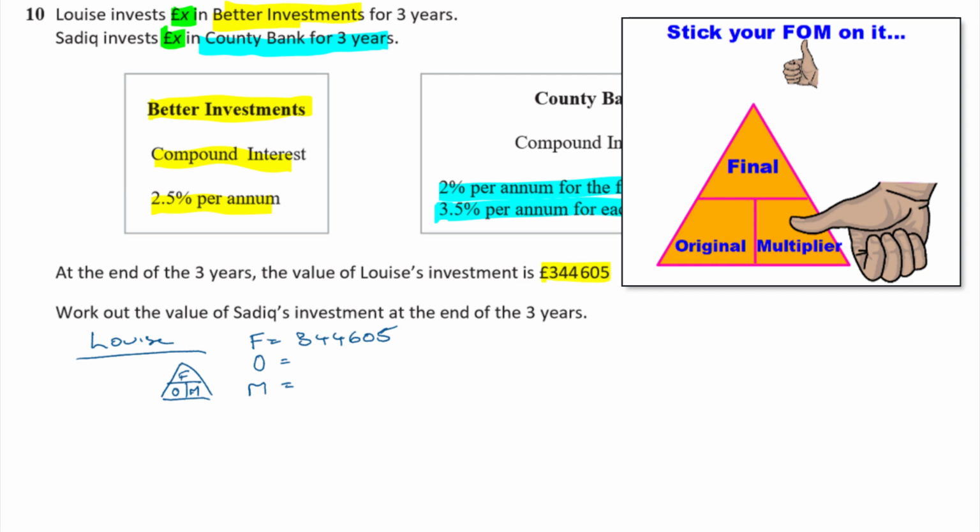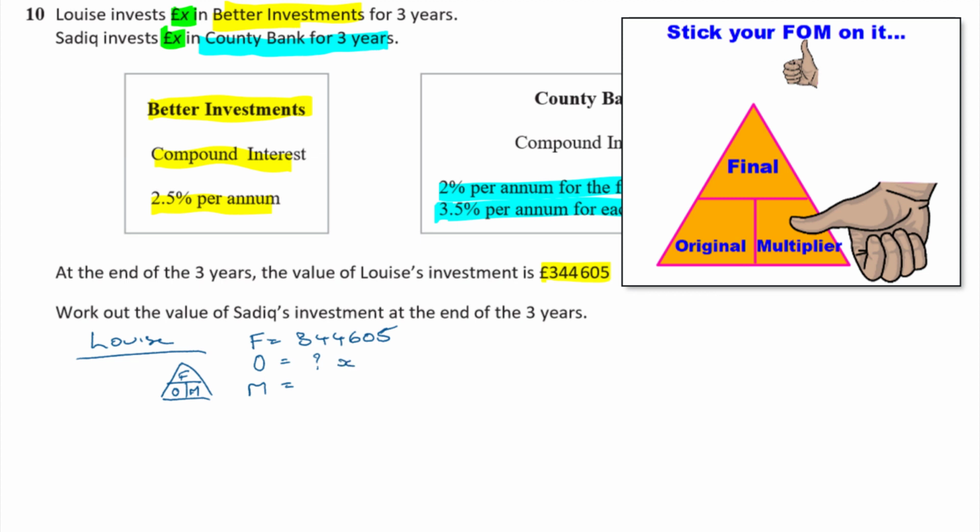So FOM, final original multiplier, and the mnemonic I use is to put your thumb on it as a way of remembering the letters F, O, and M that go in the triangle. The final is the amount that Louise had at the end of the time. The original is what we're trying to find, isn't it? We want to know what she had to start with. That's our X value that we want to find.